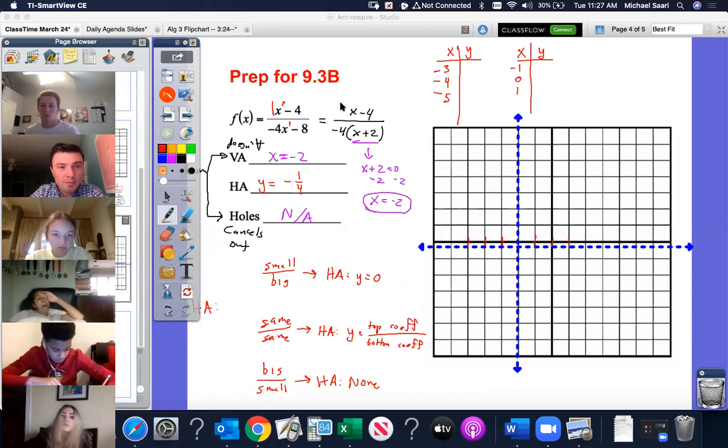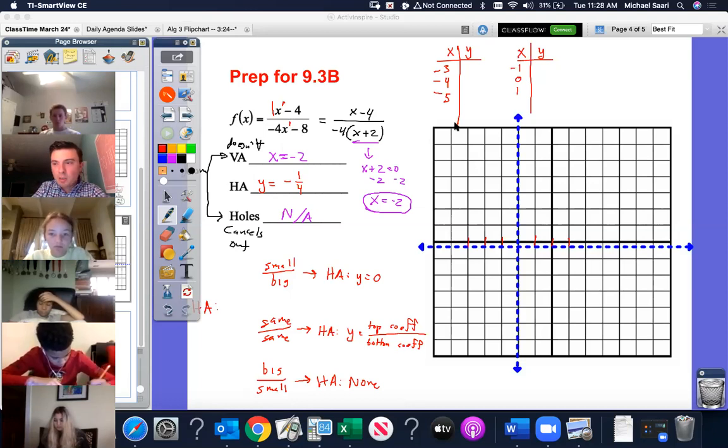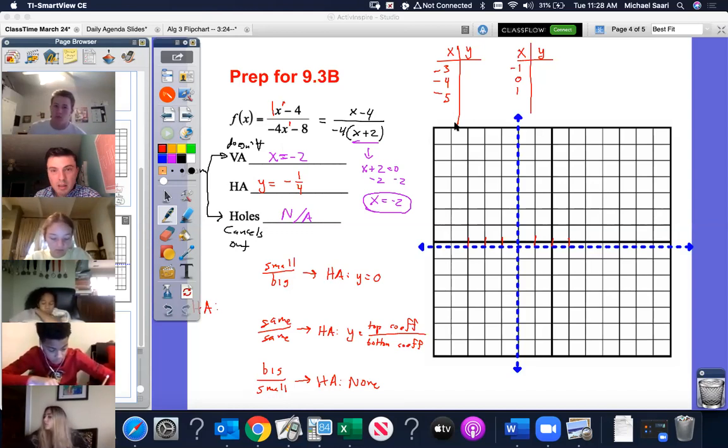What you're gonna do is enter this into the calculator, just like Miss Pinson shows you. And then it's gonna give you certain decimal values. So when I plug this in, I'm gonna tell you what those values are. When we plug in -3, we're going to get -7/4.